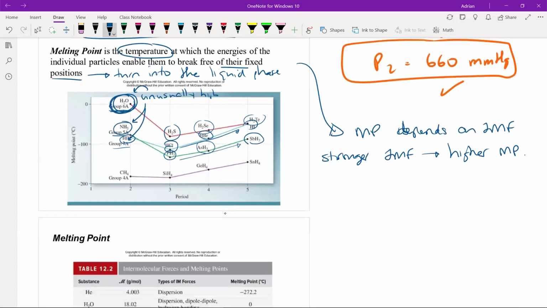And that's due to hydrogen bonding that is not present, and it's strong, remember, that's one of the strongest intermolecular forces of attraction. It's not present in all the other ones that we see here.